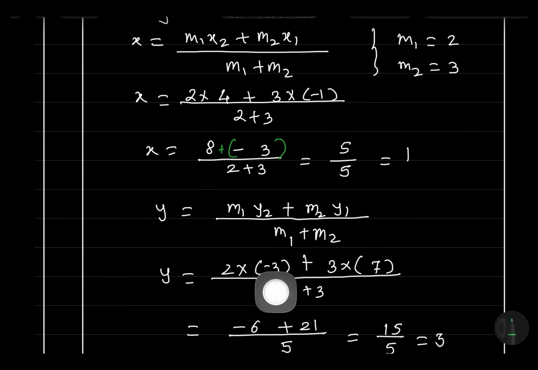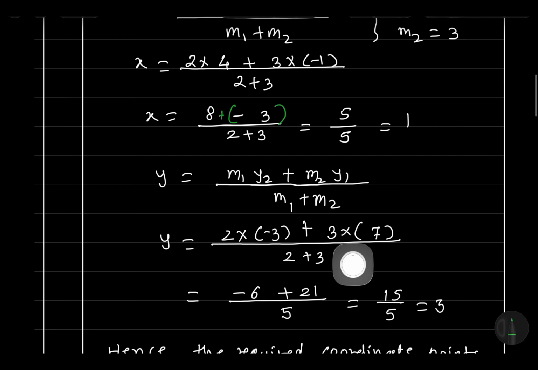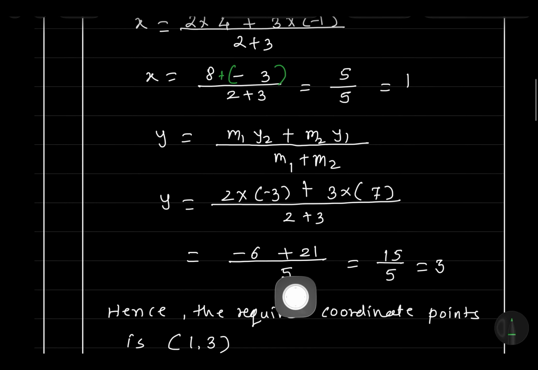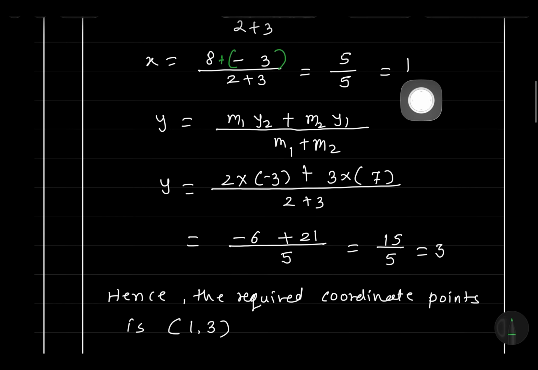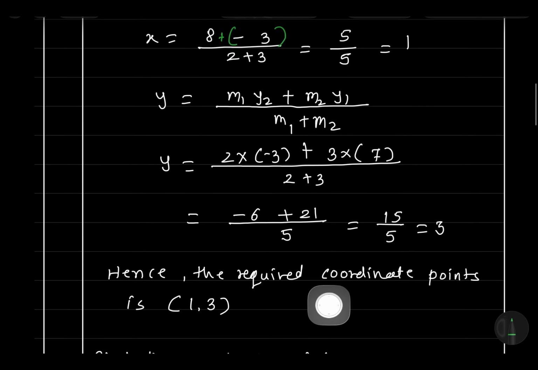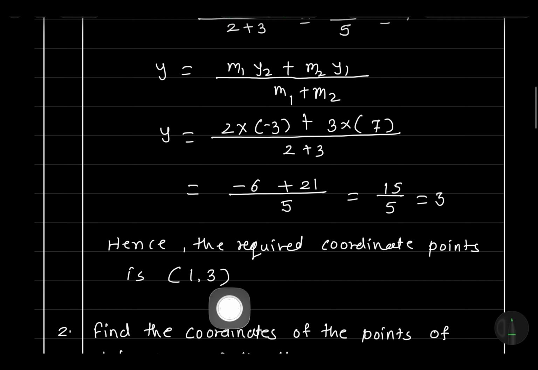So 2 into -3 is -6, plus 3 into 7 is 21, upon 5. So 21 minus 6 is 15, and 15 upon 5 is 3. So we got x as 1 and y as 3, so the required coordinates of the point are (1, 3).